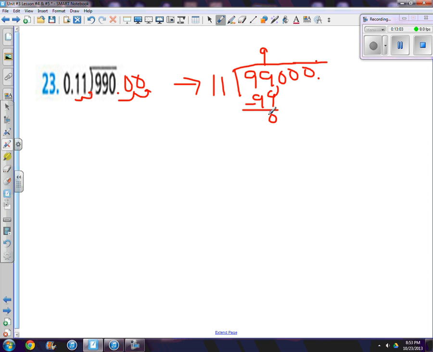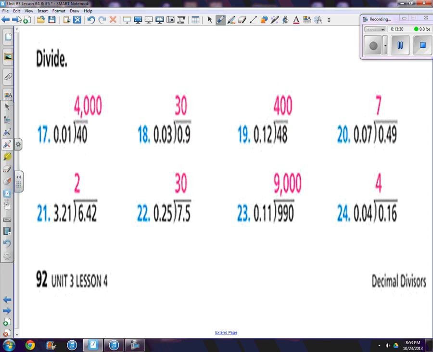Subtract 0, bring down to 0. 11 goes into 0 0 times, subtract, bring down the next 0. 0, subtract, bring down the final 0, and you get your answer of 9,000. 9,000 times 11 is 99,000. Okay? If you look at, there's 4,000 and then there's 9,000. Okay?